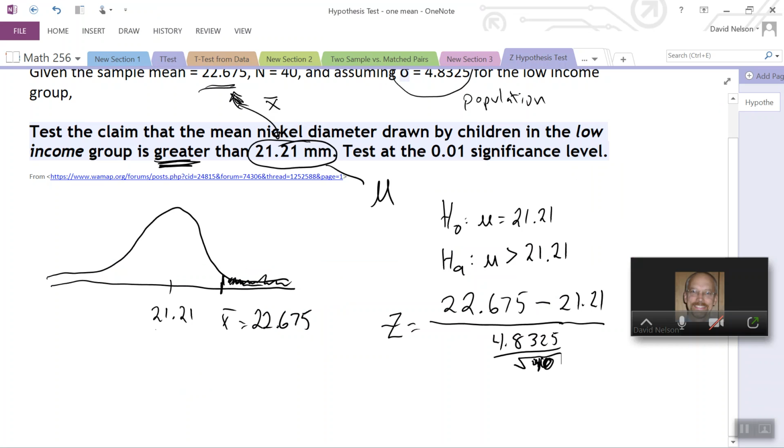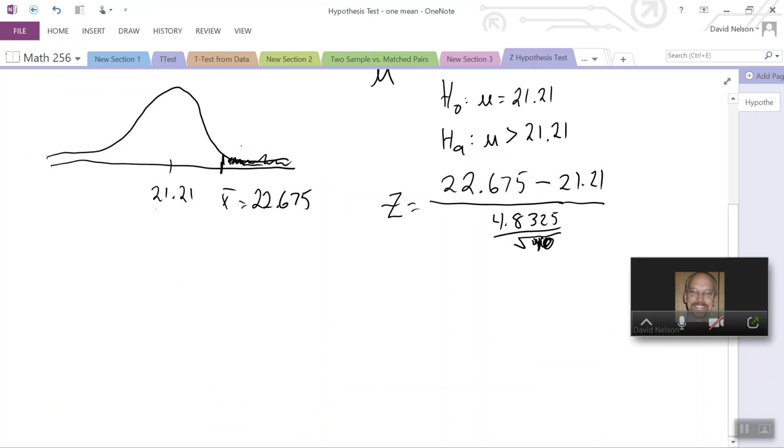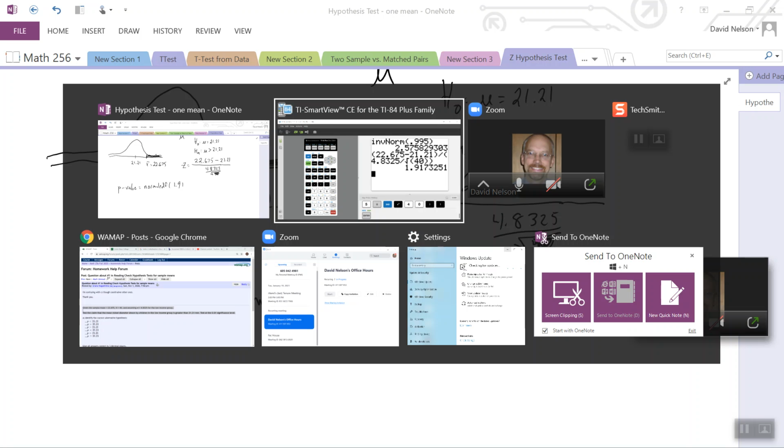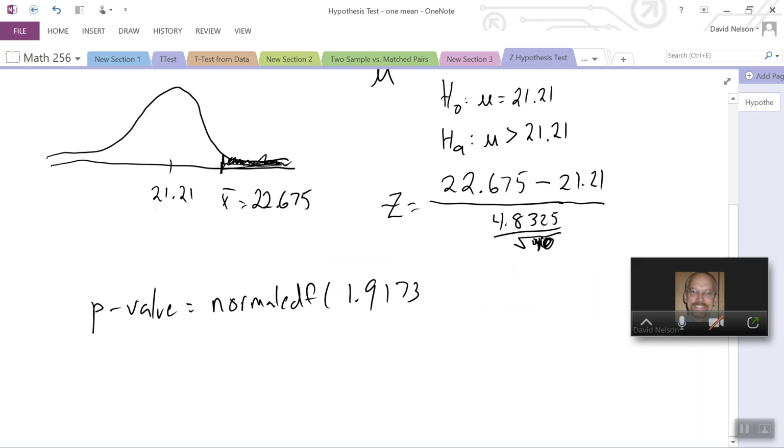But then what I want to do is find the probability, my p-value. It's going to be the probability that I end up in this upper tail here, which I can get from my normal distribution. I want to go from 1.91735, let's just be accurate, to infinity and see what that value is.